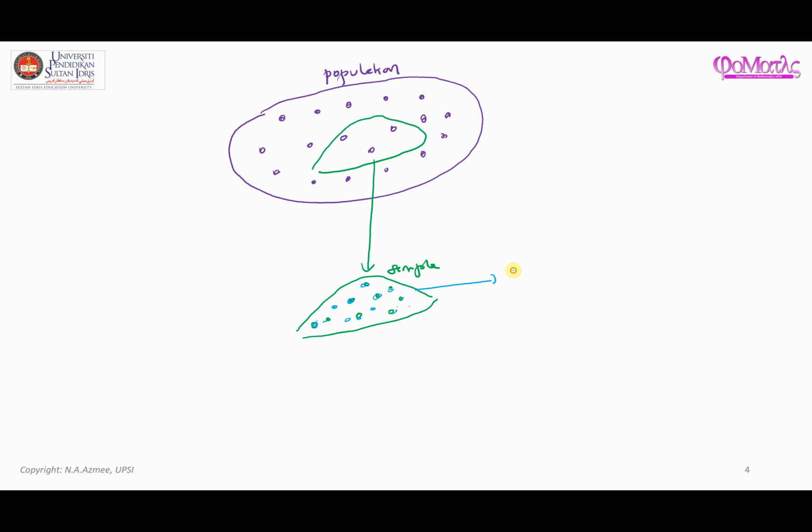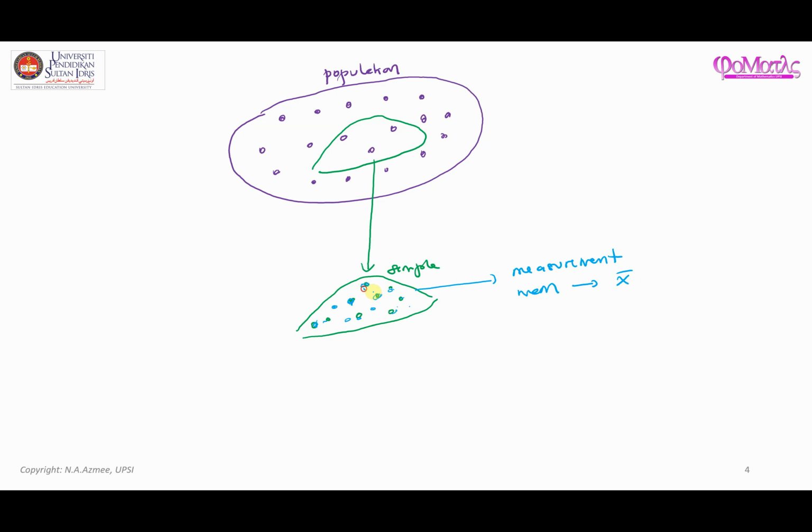For example, you calculate the mean of this sample, and the mean here, we usually see this mathematical symbol, we denote x bar. We use x bar to denote the mean of the sample, and this is known as a statistic. So the sample mean is an example of a statistic.